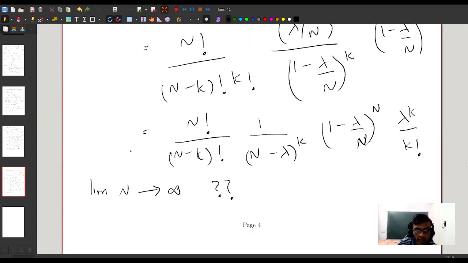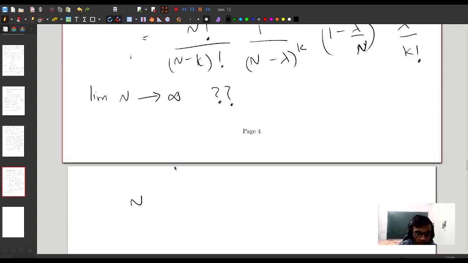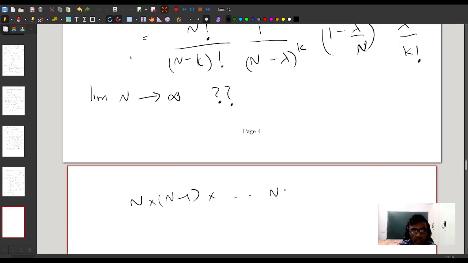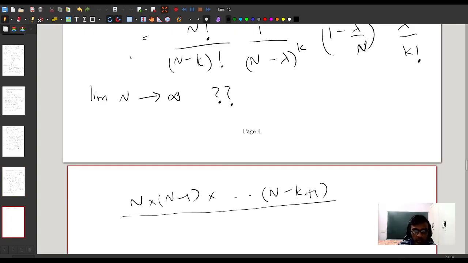After cancelling some of these terms, we see that it is n times n minus 1 times n minus k plus 1, divided by, so there are k such terms here, n minus lambda k times.